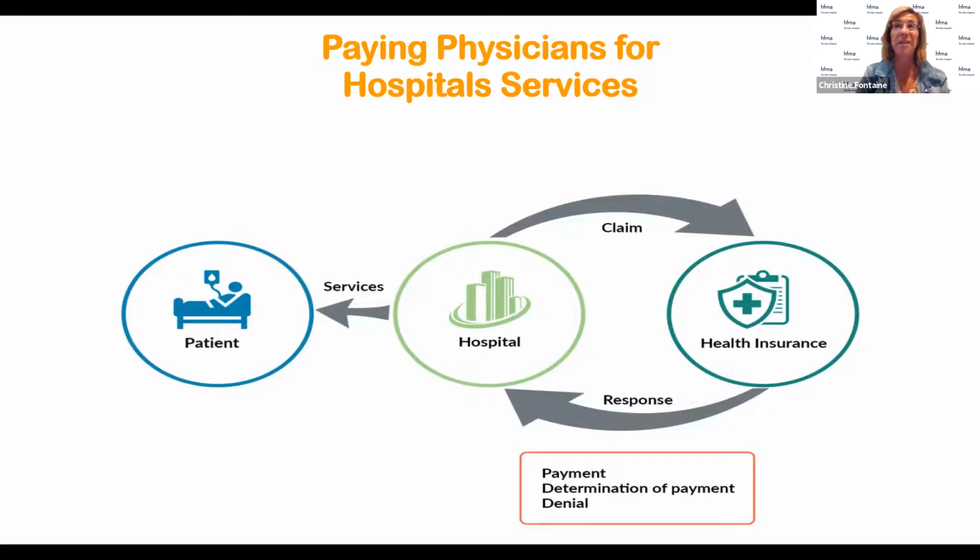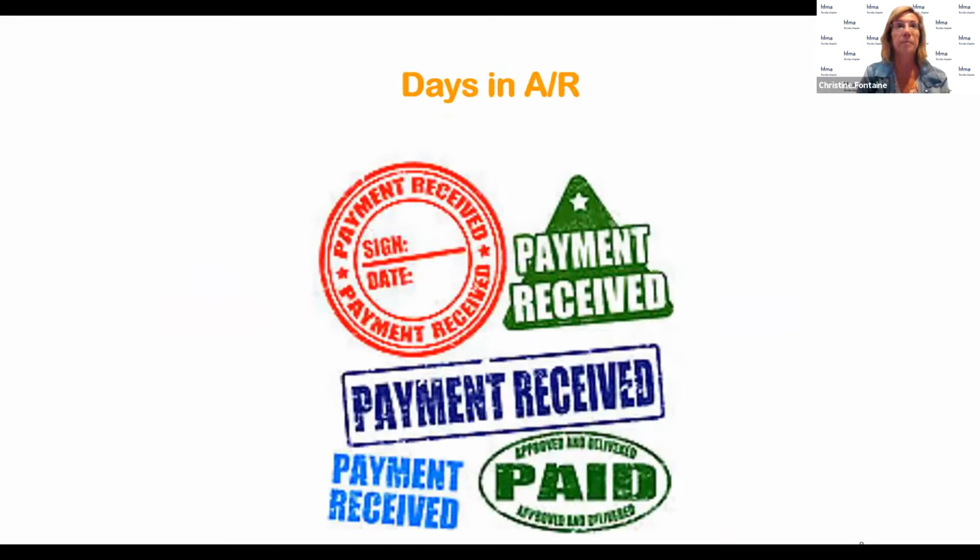It may take from as little as 2 weeks to 2 months or longer to obtain payment for services. Current data from HFMA indicates that on average, it takes 53 days for the provider to be paid, and we all know that real-time adjudication is something that we are all hoping to get at some point, because waiting 53 days on average is pretty significant.